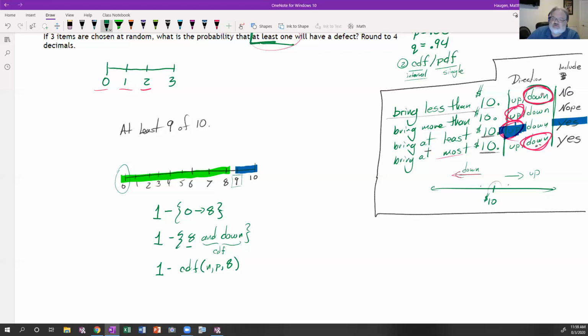The short answer is the calculator tools can handle all of it, no problem. So we don't need to be calculating them by hand. But if we were trying to do this problem by hand and didn't want to do the subtracting away, we could calculate 9 and 10 individually.